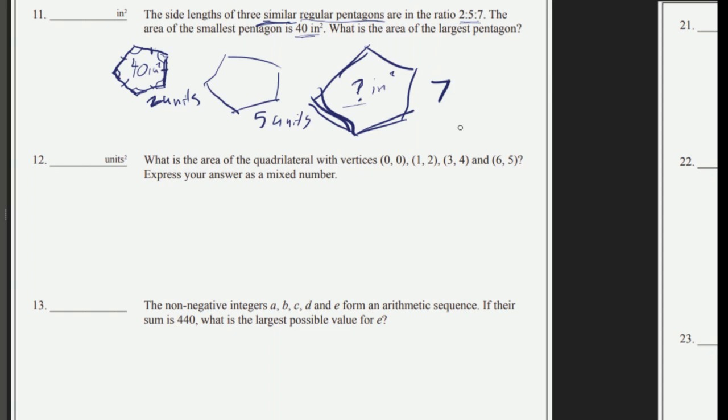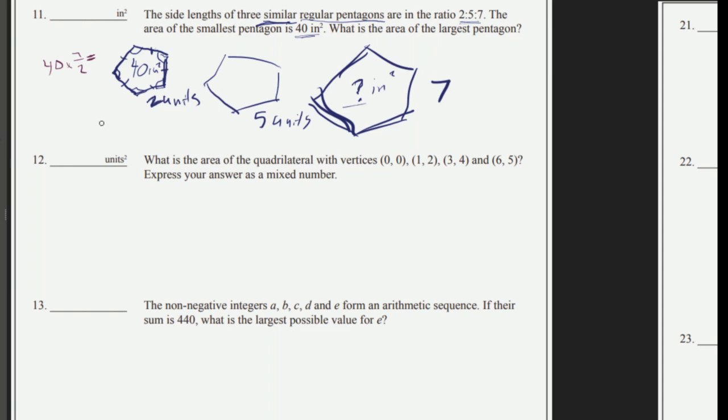Or no, times 7 over 2. Times 7 over 2? Yeah. Because that's the ratio between the... Okay. My MathCounts friends are watching this and trying to decide whether they think you're right or not. I don't know. Am I right?